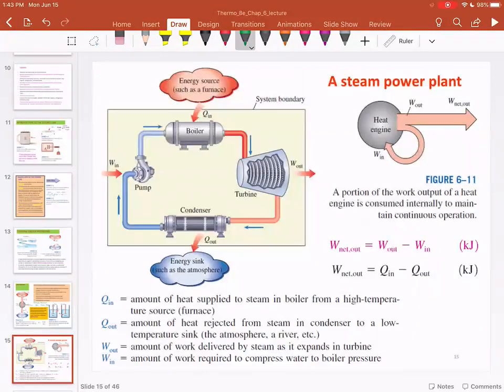Now, a classic example is a steam power plant. And if you drive around Val Vista, I think at Val Vista and Werner intersection on the southeast side, you will see the SRP power plant.